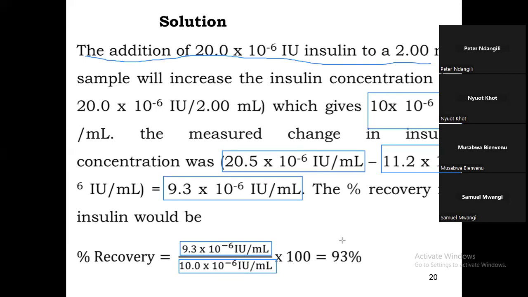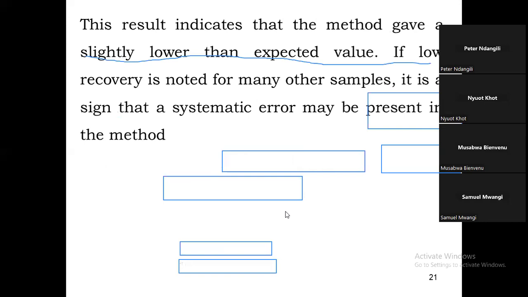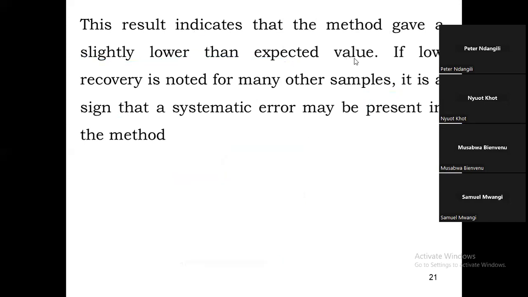In our case, we are able to detect 93% of the spiked concentration of our sample. So the percentage recovery is actually 93%. So that's good enough analytically. This result indicates that the method gave a slightly lower value than what is expected.